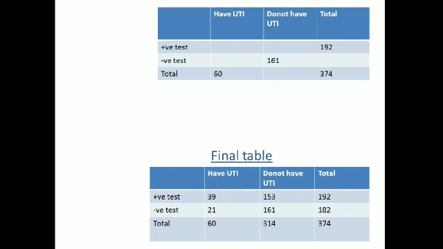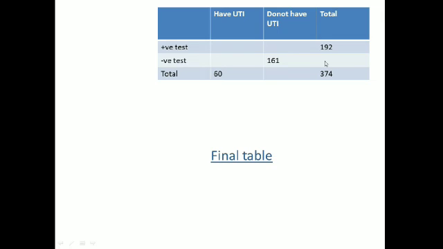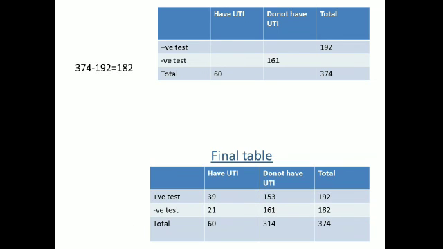Here you can see. Now from 374 and 192 you can easily find this value, right? 374 minus 192 will be 182. So here it gives the 182 value. Now 374 minus 60 will give this value, 314.